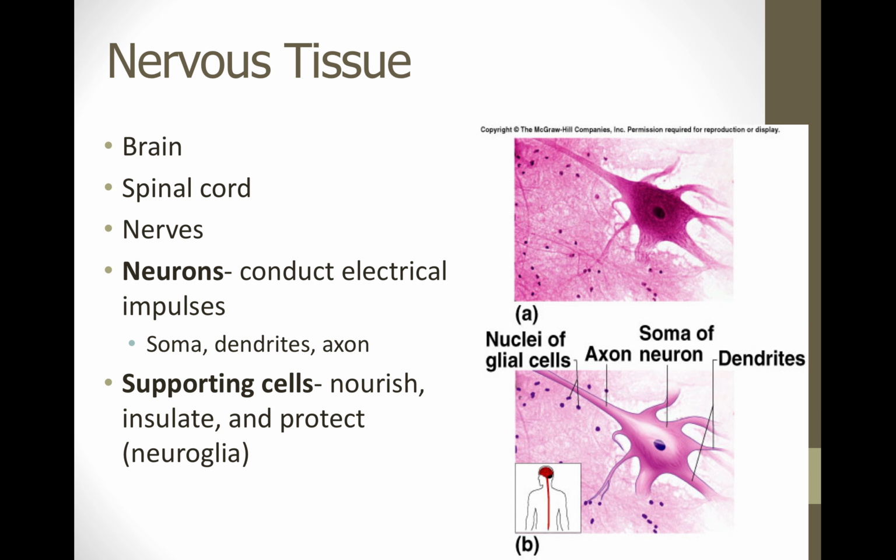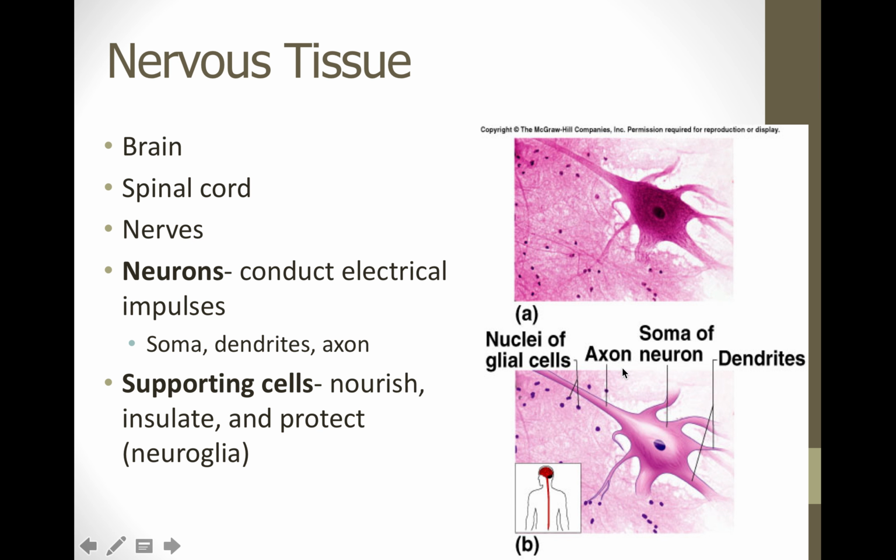They have three main parts: soma, which is also known as the cell body. You can see it as a central part where the nucleus is. You have these smaller extensions that are coming off called the dendrites, and then one long extension or process which is known as the axon.